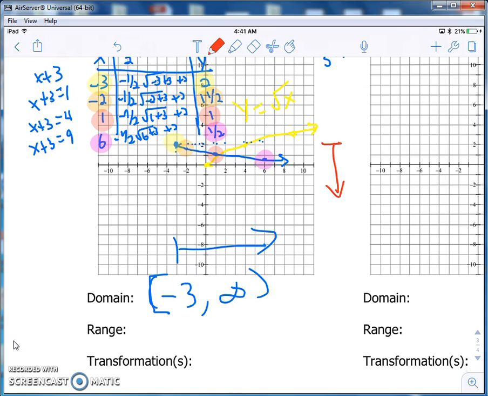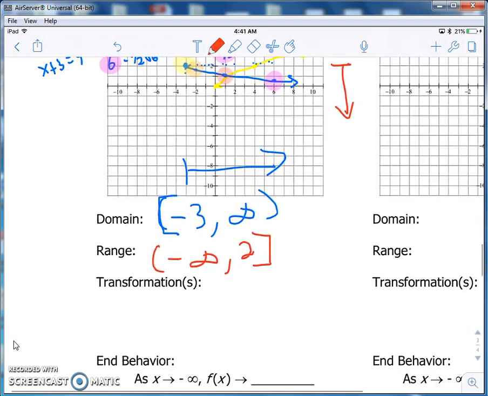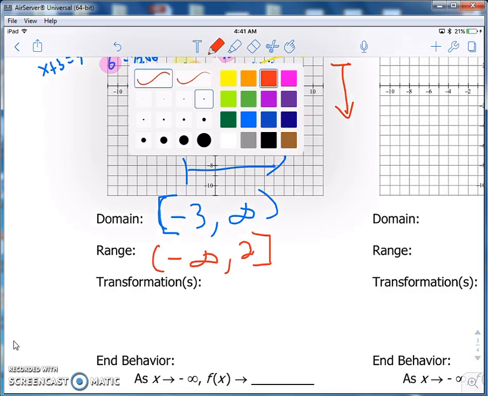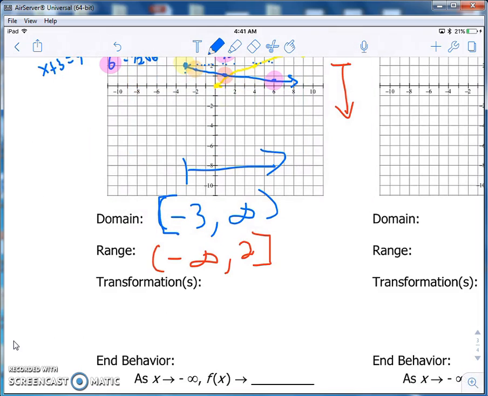Remember, we're going to write the negative infinity first, lowest value first. And our transformations, it looks like we went left 3, up 2, vertical shrink, and a reflection.